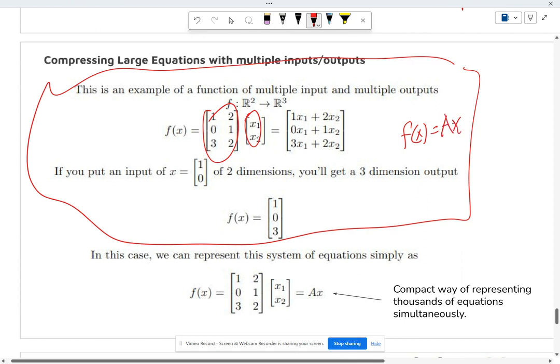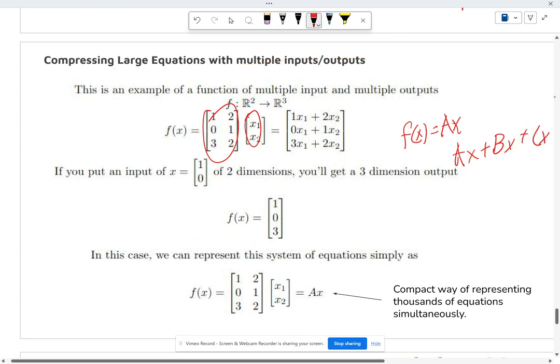And then because you know how to manipulate matrices, you can do things such as Ax plus Bx plus Cx, right here. And then you haven't learned this yet, but you can essentially do A plus B plus C times x. It's not something out of your imagination, I assume.